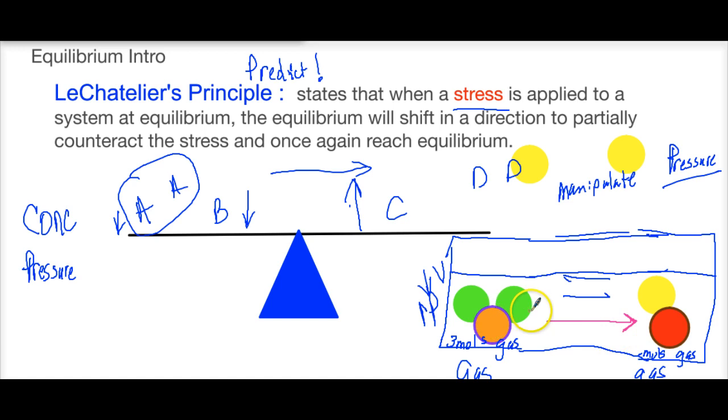So the reaction will shift in the direction that produces fewer gas moles in order to return to equilibrium. So if we decrease the volume, then we are increasing the pressure, and we're going to shift the equilibrium.